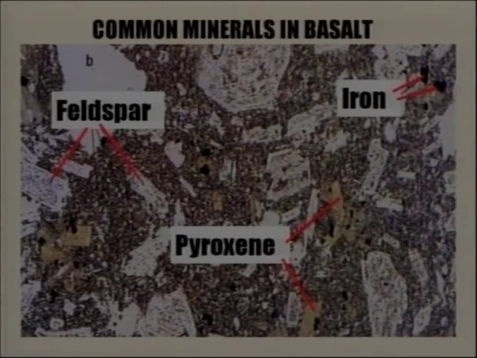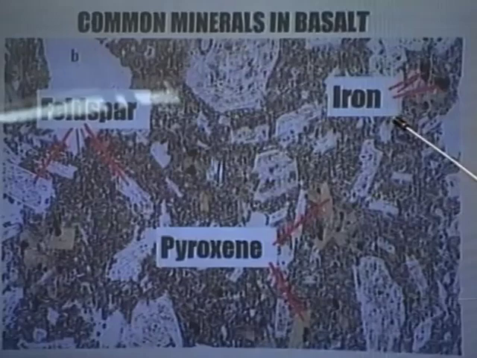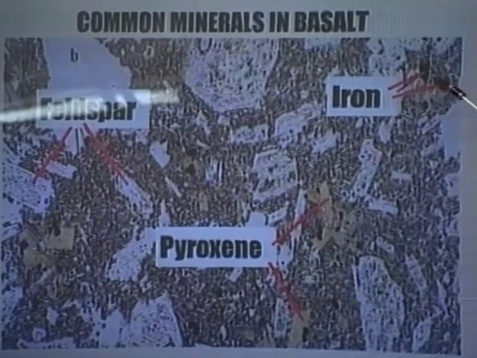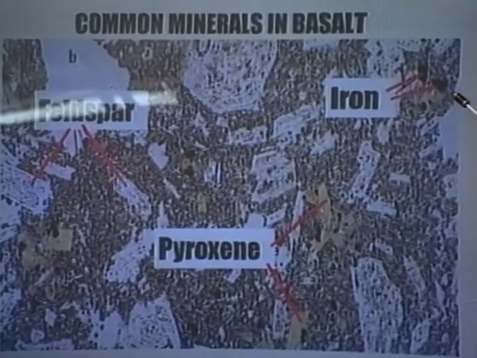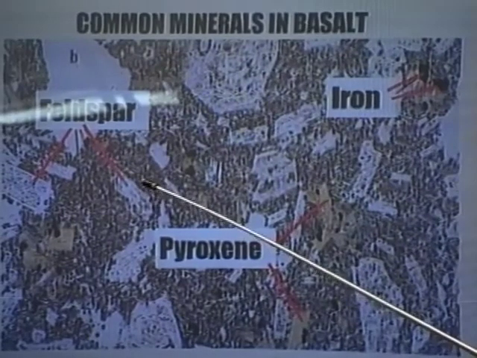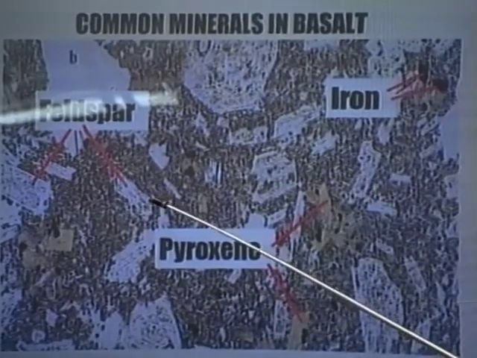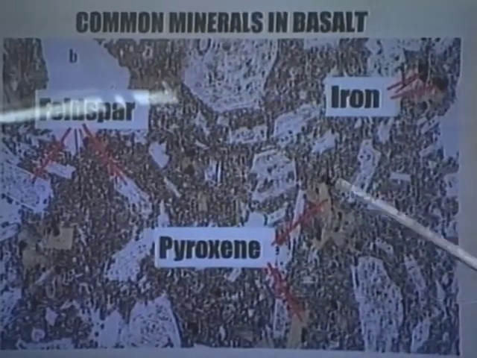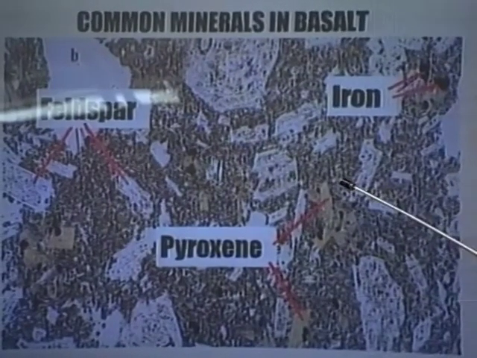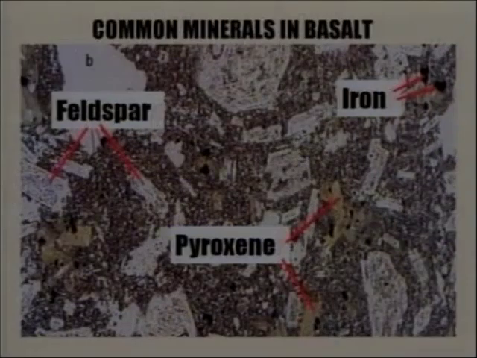The three main minerals that I mentioned were that of feldspar, pyroxene, and iron. From the diagram here, the black spots, they represent the iron mineral. Feldspar is represented with the gray section on this particular diagram here, and pyroxene is the yellow color, showing that mineral in a rock or a sample of basalt under the microscope.